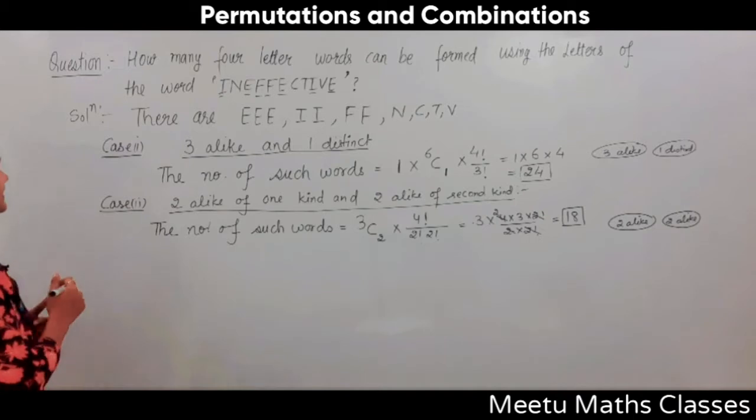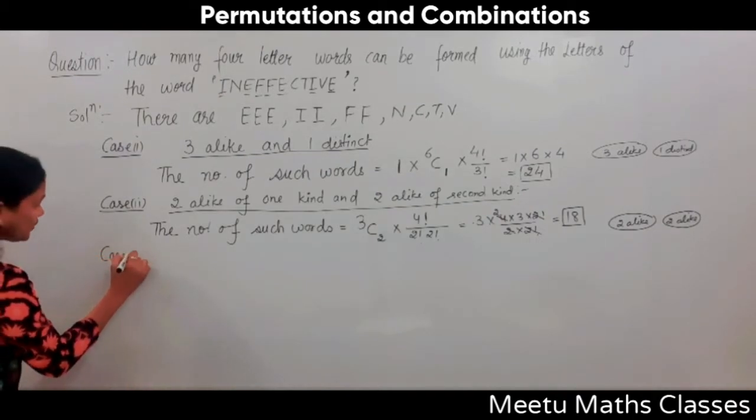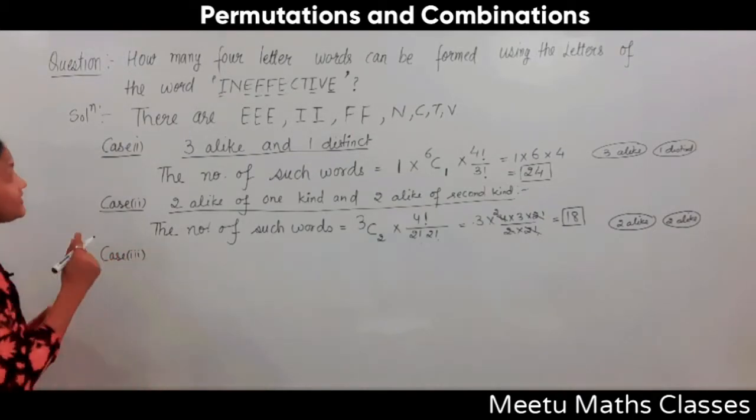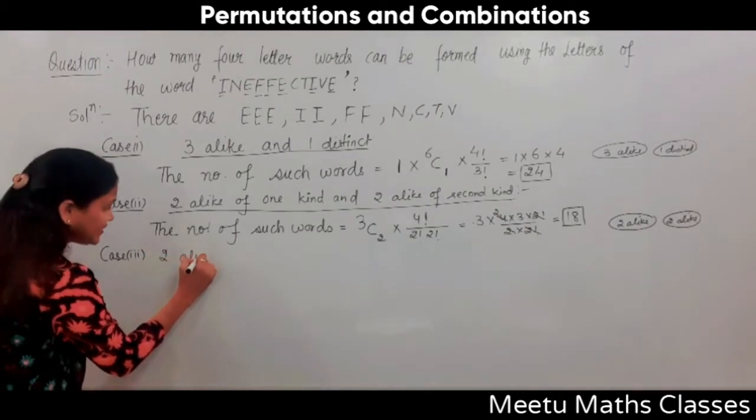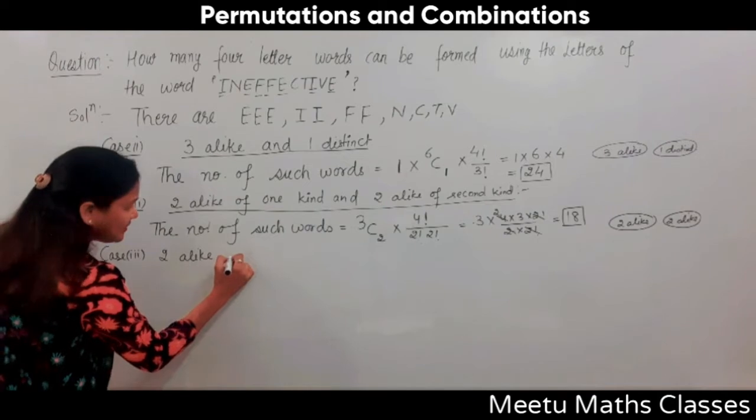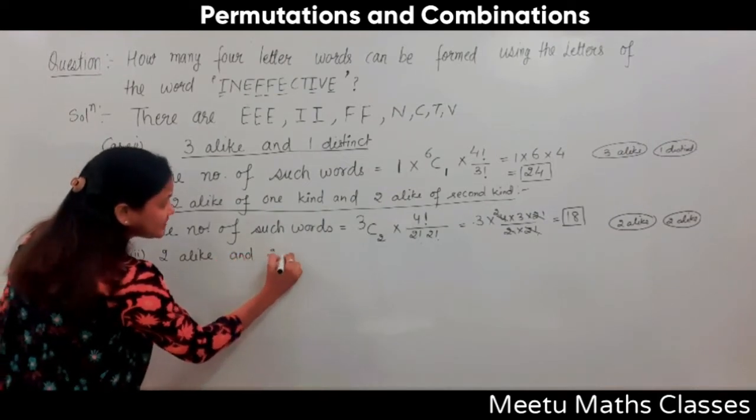Now there can be another way in which we can choose 4 letters, and that is we can choose 2 alike and 2 distinct letters.